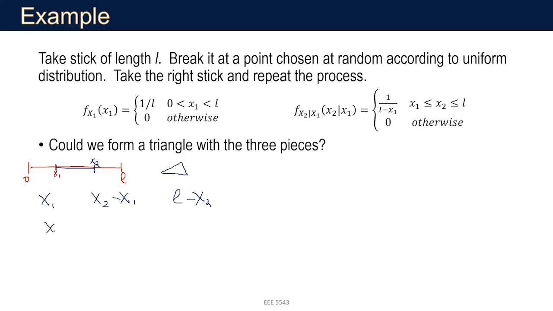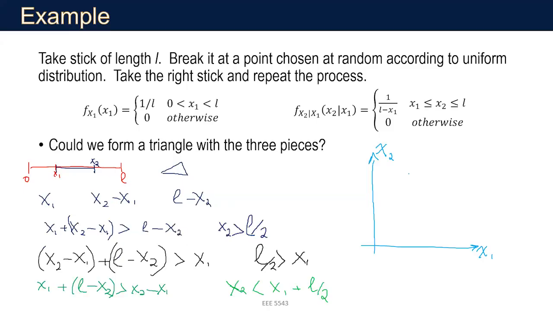If we look at the first two sticks, to find the probability that these three sticks form a triangle, we have the inequalities, and now we need to find what region satisfies all of those inequalities.